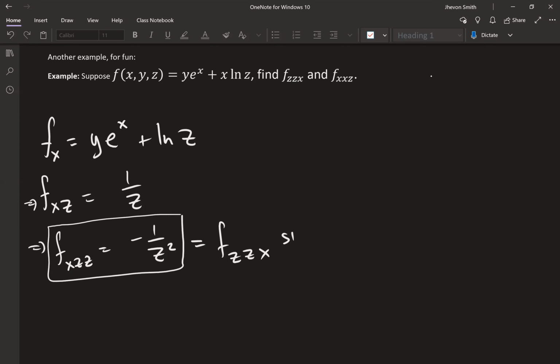Why? So you literally just took the derivatives in a different order than was presented. How do you know that was valid? Because of Clairaut's theorem, just simple, just apply Clairaut's theorem. How do you know it's continuous? How do you know z is not 0?